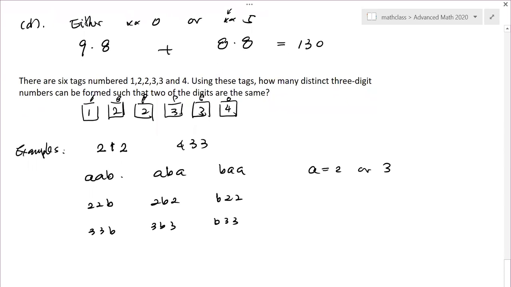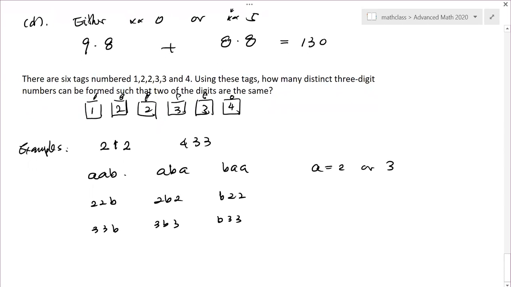All you have to do is select B in each group. B can be any number, can be 3, can be 4, can be 1, just cannot be 2. So for the 2 group, B could be 1, 3, and 4. For the 3 group, B could be 1, 2, and 4.